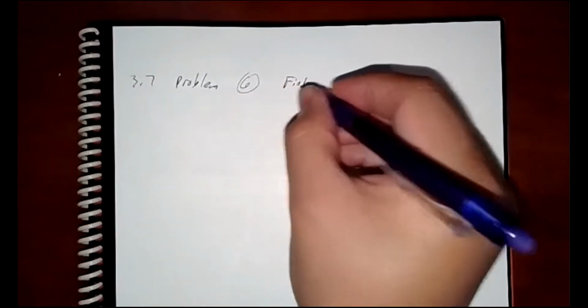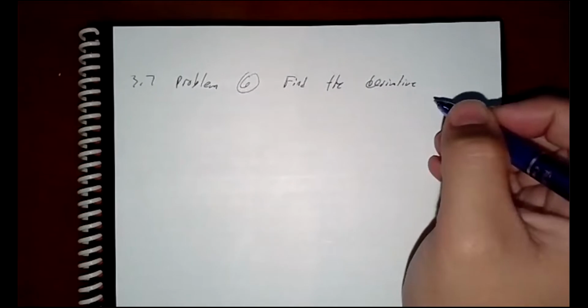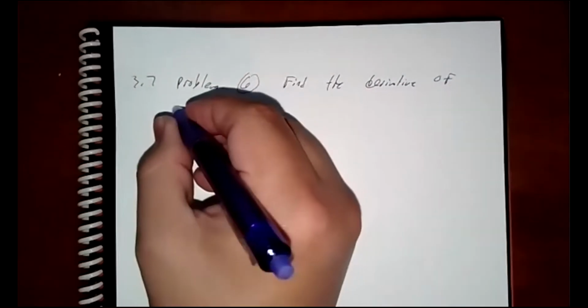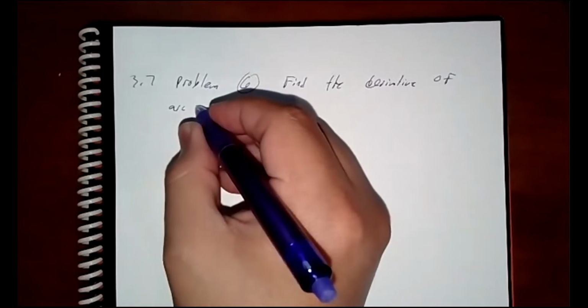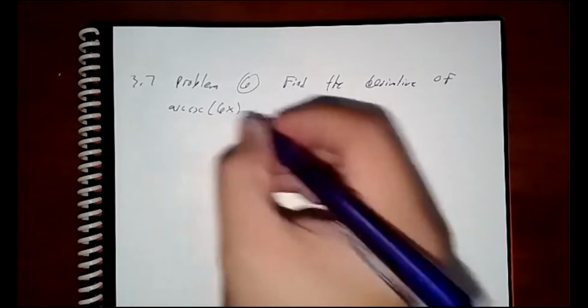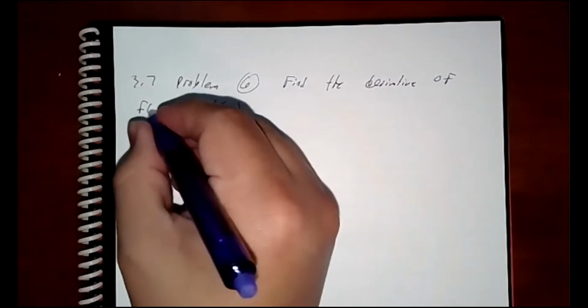What numbers did you have? It was arccosecant of 6x. Okay, arccosecant of 6x is my f.